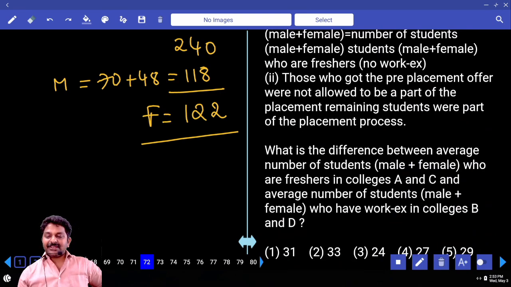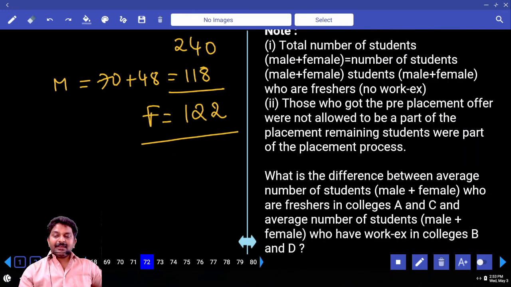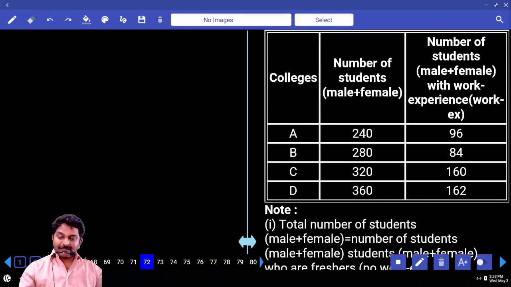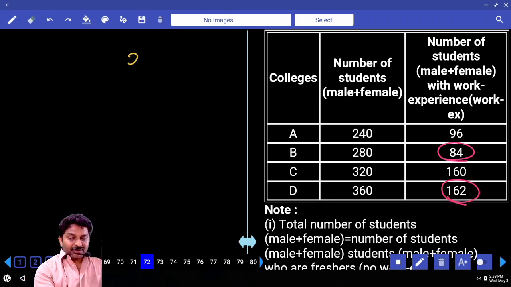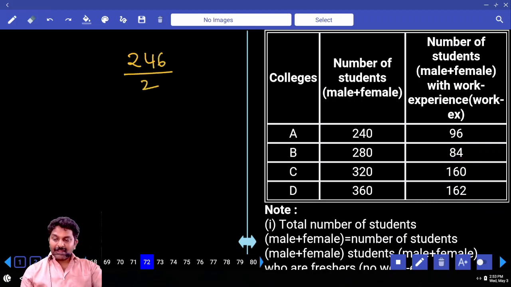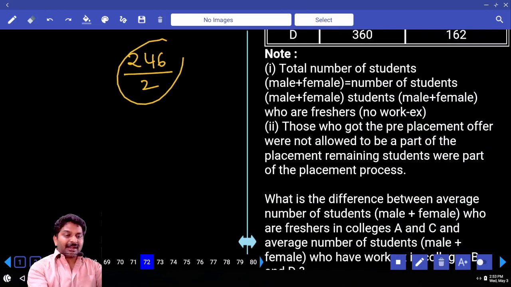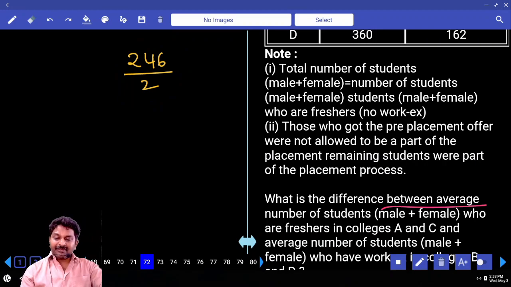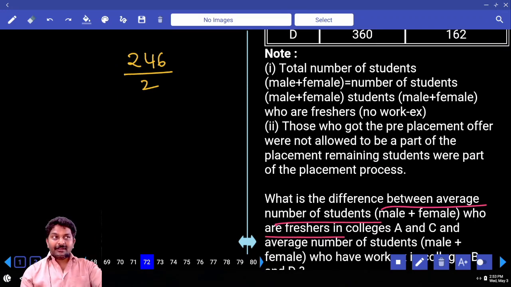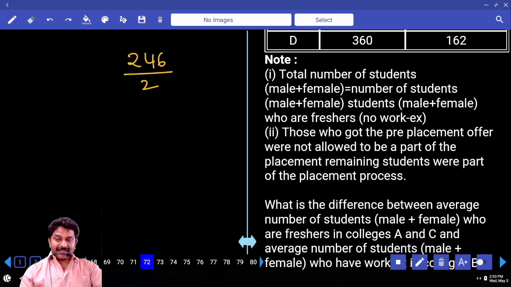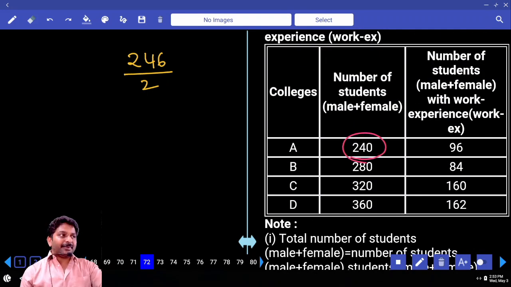What is the difference between the average number of students who are freshers in college A and C and the average number of students who have work experience in B and D? Those who have work experience in B, 84, D, 162, sum of both the numbers, 246, average by 2, and then the difference between this number and the average number of freshers in A and C. In A total 240 people, 96 have work experience.